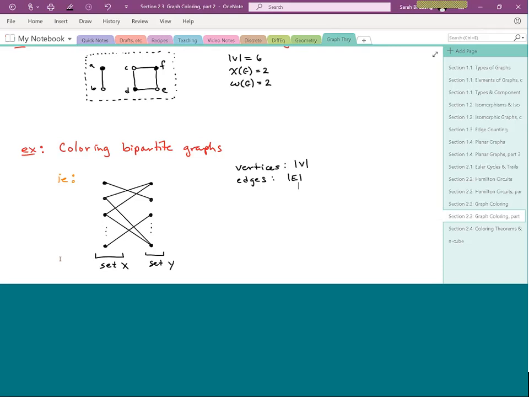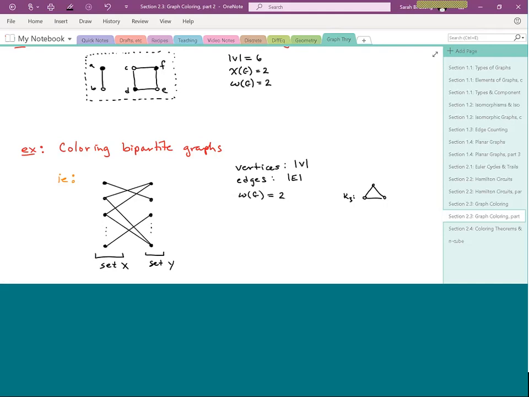So what that tells you here is what? You're not going to be able to have a 3-clique because K3 looks like a triangle, so that's the same thing as a cycle of length 3. So the best we got here is edges, or the omega of G is 2.